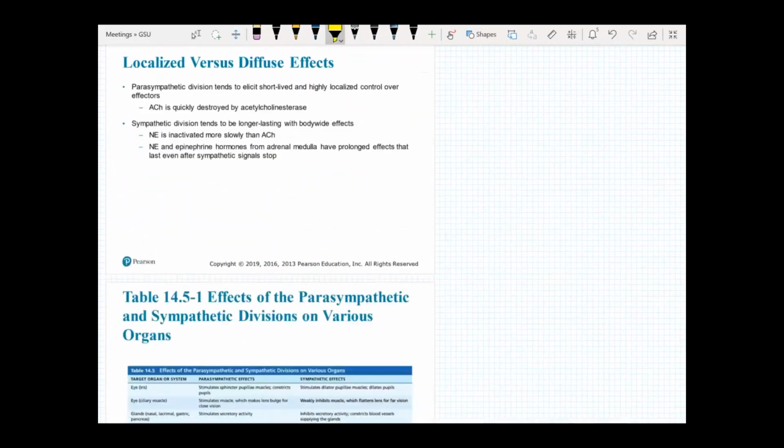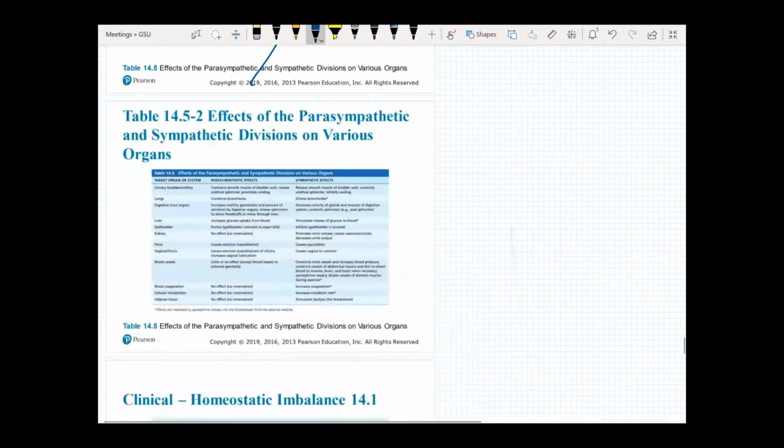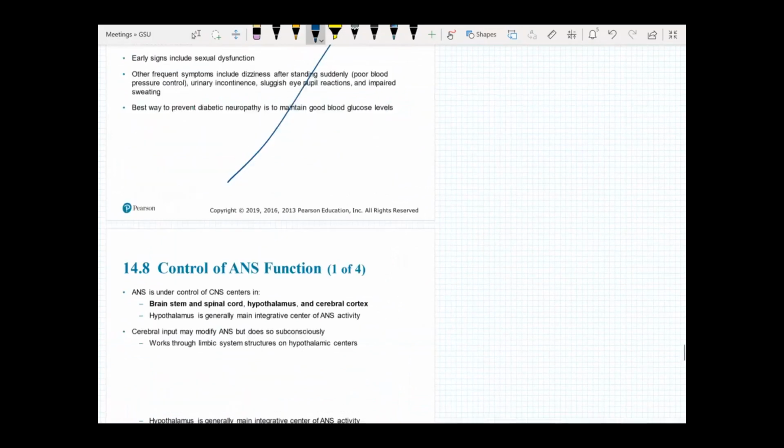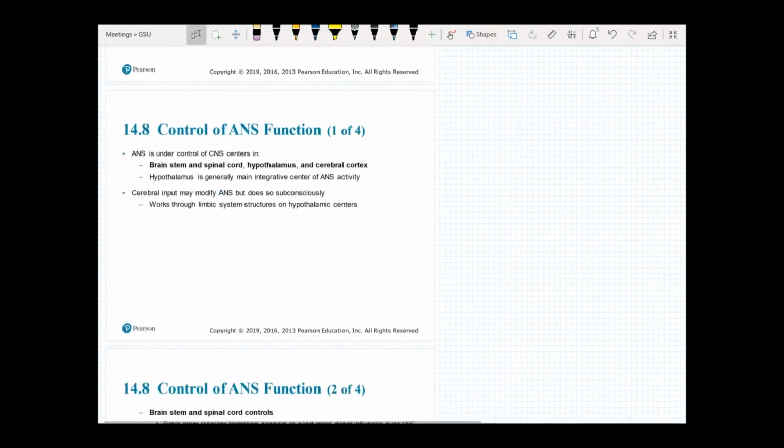Okay, we are not going to focus on localized versus diffuse, and I will not be asking for any of these specific details regarding these. But when we get to the ANS, just as a reminder, the ANS is controlled by the CNS because we do have connections to the brainstem, spinal cord, hypothalamus, and the cerebral cortex.